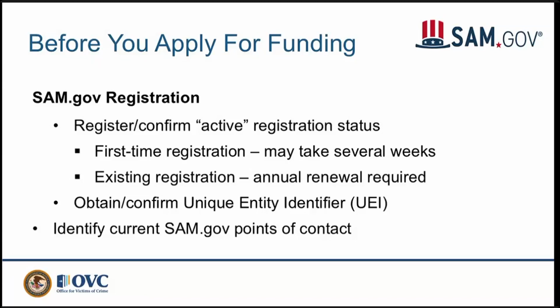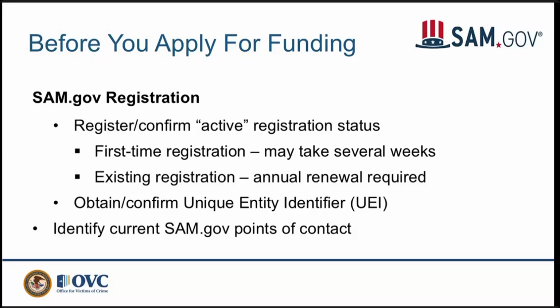You should renew your registration in SAM.gov every 12 months. Even if you've applied for a federal grant before, you need to check that your registration is current and renew it if it's not. As I said, applicants must have an active SAM.gov status before you will be able to complete Step 1 of the application process in Grants.gov.